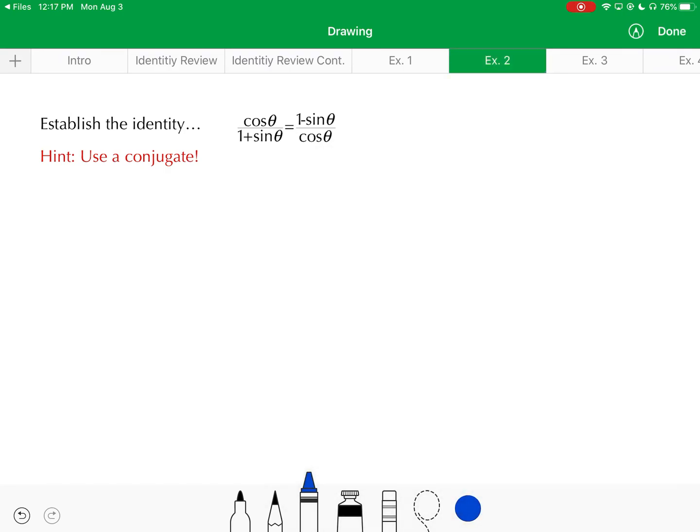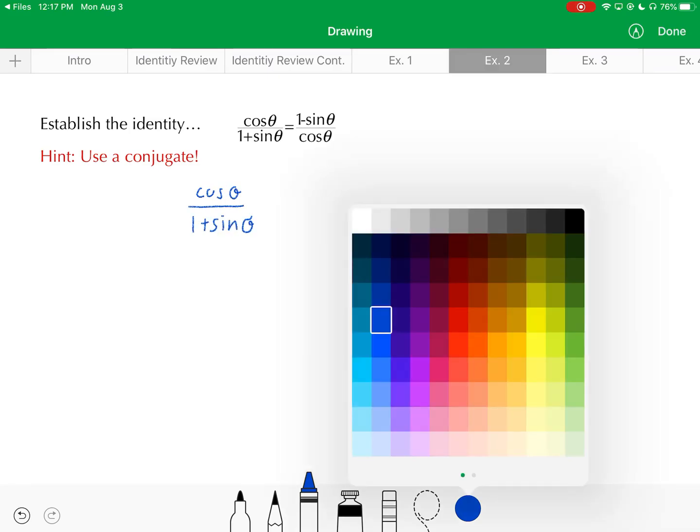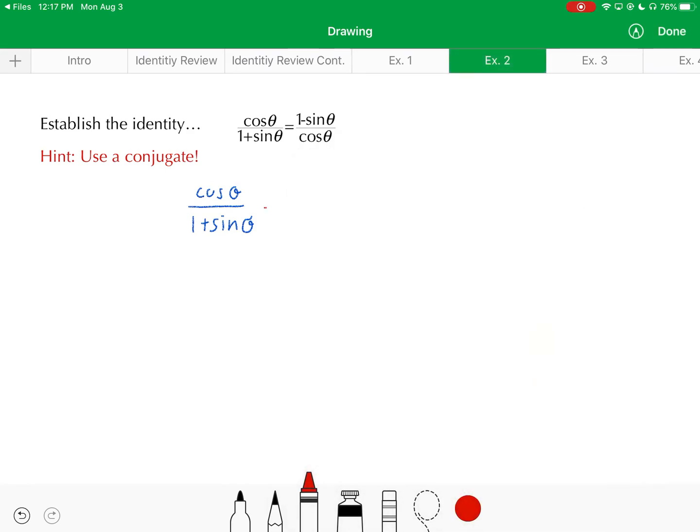All right, so I'm going to take the left side, and by use a conjugate, I mean I'm going to multiply by 1 minus sine theta over itself. All right, that's the conjugate from the denominator. And here's what that's going to lead me to.